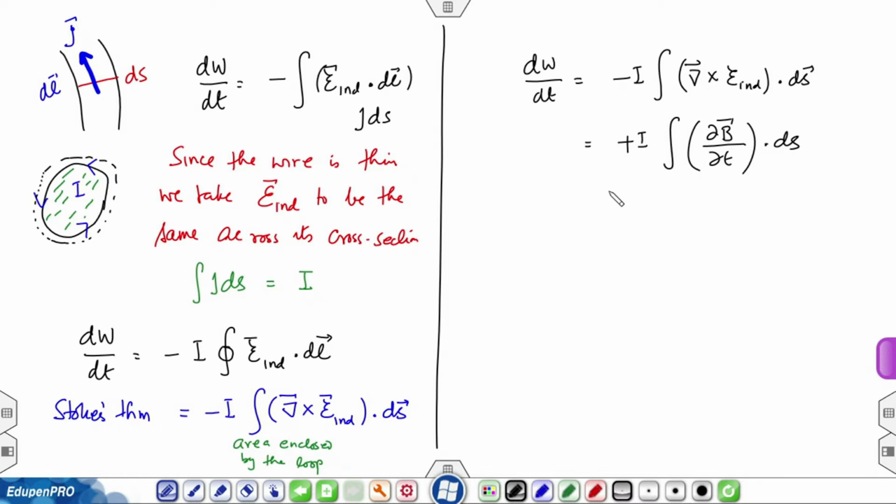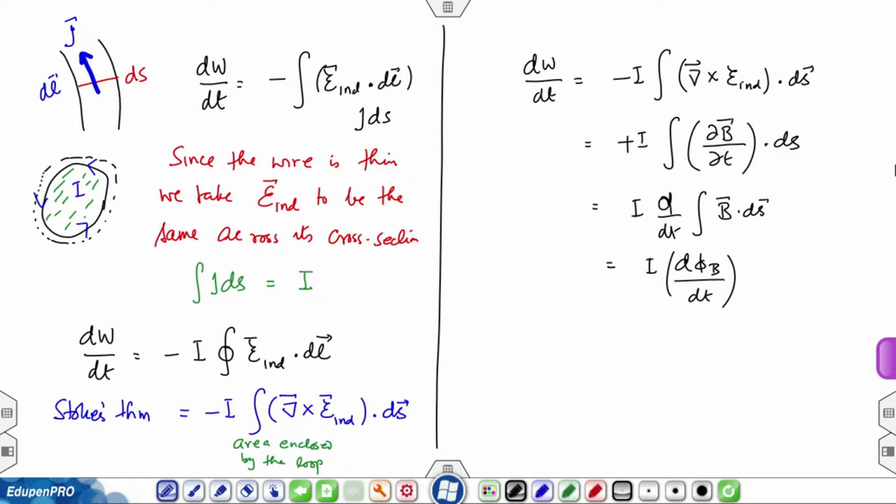Now, this partial with respect to t I can take out. So, I can write this as I d/dt of integral B dot ds, which is nothing but I dΦ_B/dt, where Φ_B is the flux passing through the loop.